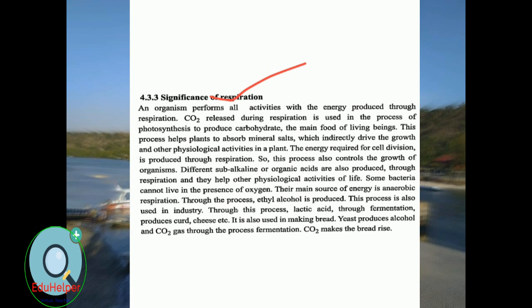For all living beings, useful energy comes from food through respiration. Animals maintain their body temperature with the energy produced by respiration. And secondly, production of carbon dioxide. The carbon dioxide released by respiration is directly or indirectly used by photosynthesis to manufacture food materials. So these are the significance of respiration.